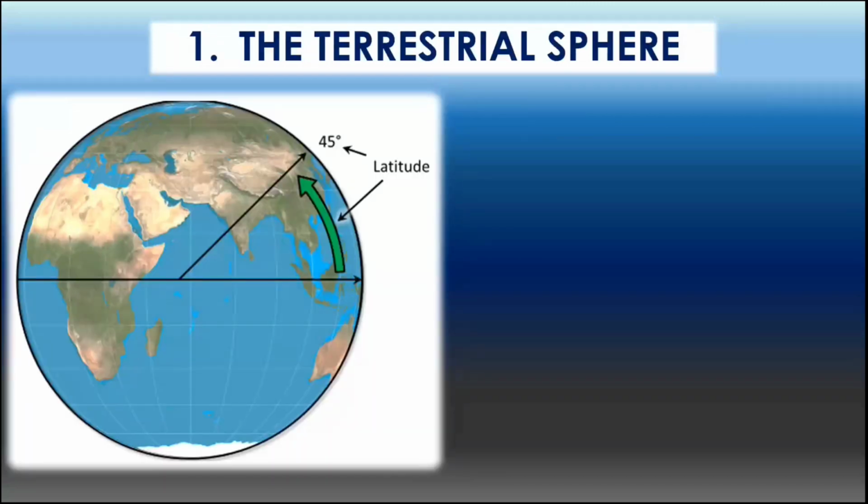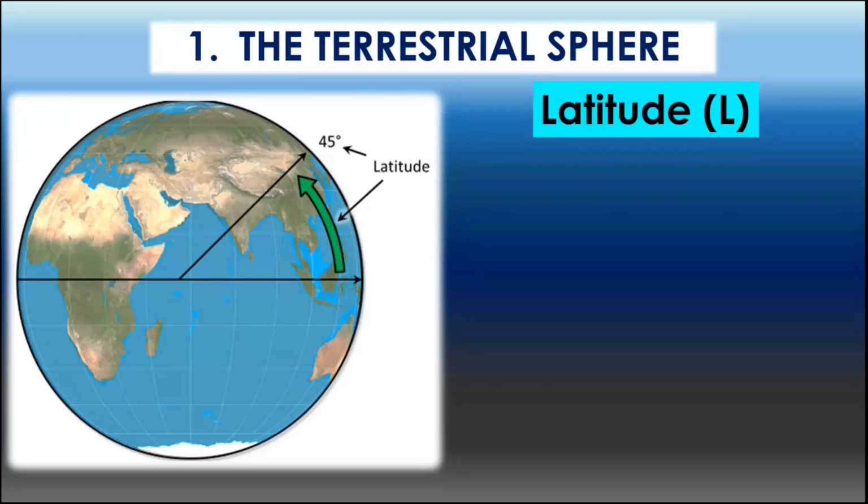In the geographic coordinate system, we have the latitude and longitude. If we would like to know the coordinates of a city or a place on Earth, what we need are the latitude and longitude.